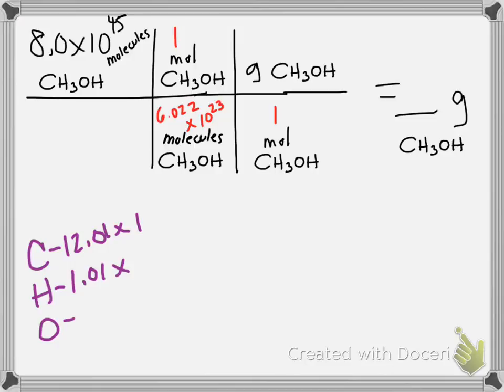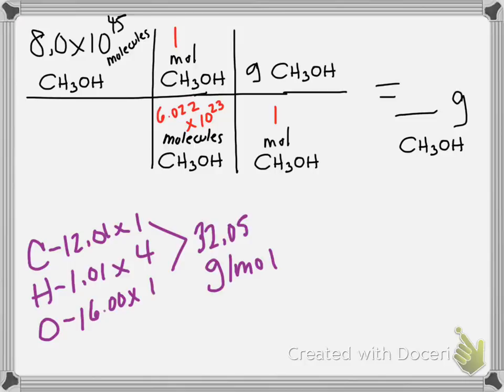Count your H's. You've got 3 here, and then you have a 4th hydrogen there. So 1.01 times 4. How many oxygen? 16.00 times 1. What's our mass for methanol? So we have a molar mass for methanol of 32.05 grams per mole.